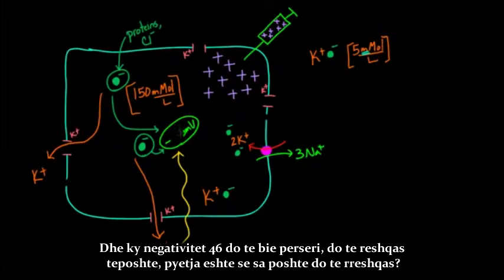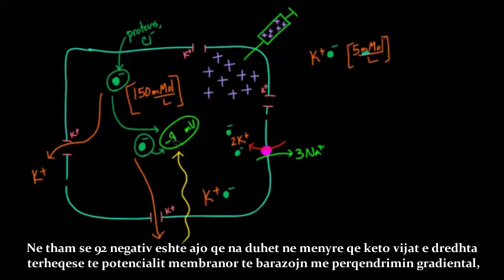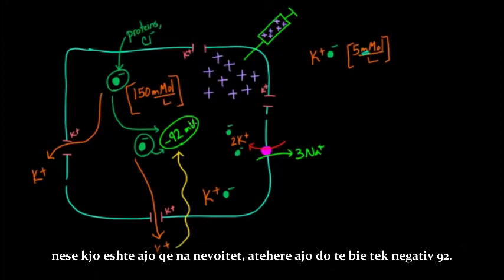And the question is, how far does it slide down? Well, it goes back to the equilibrium point. So if negative 92 is what you need to make this yellow squiggly attraction, the membrane potential, equal the concentration gradient, then it will slide back down to negative 92.